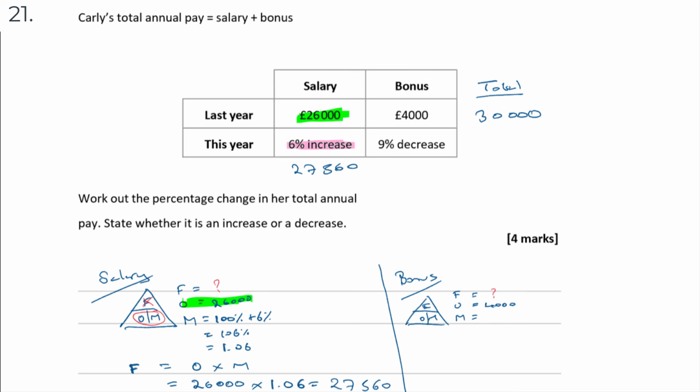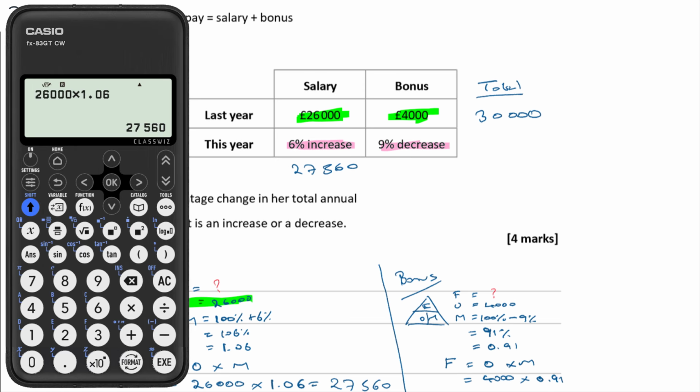The multiplier this time is going to be that 9% decrease, isn't it? So 100%, because you always start with 100%, minus 9%, because it's a decrease, leaves us with 91%, and 91% as a multiplier is 0.91. So again, final is equal to original times multiplier, the original this time being 4,000, the bonus, and the multiplier being 0.91.